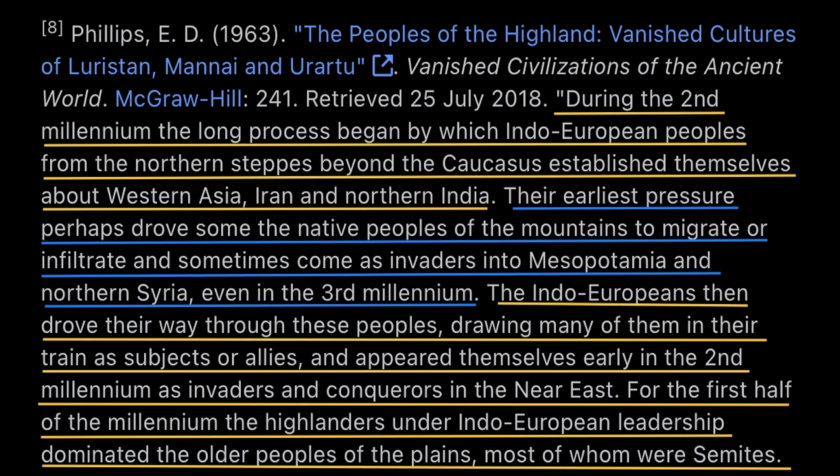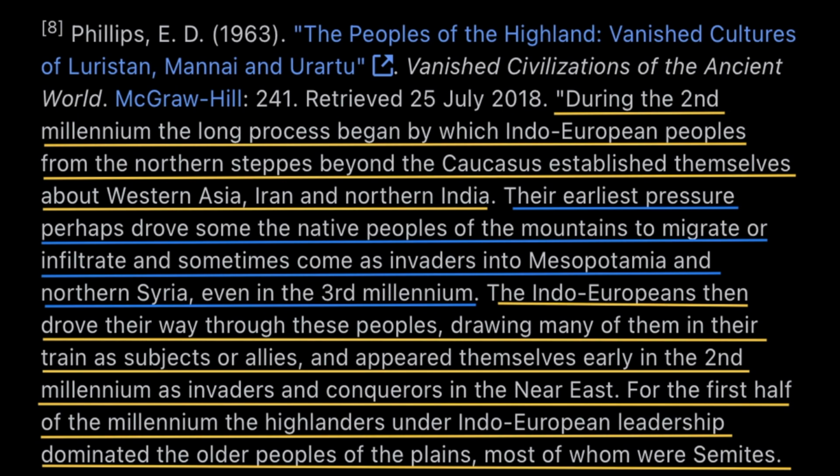The Indo-Europeans then drove their way through these peoples, drawing many of them in their train as subjects or allies, and appeared themselves early in the second millennium as invaders and conquerors in the Near East. So you have these Indo-Europeans and Caucasian groups coming in as invaders of the Near East.